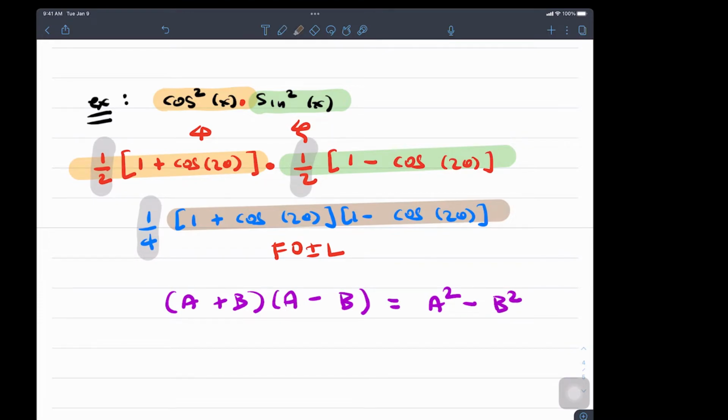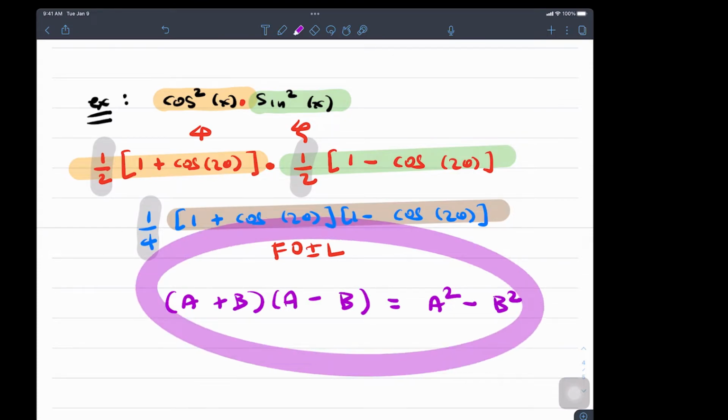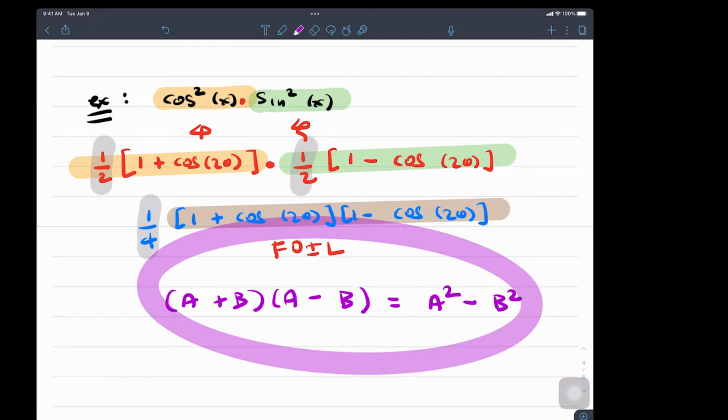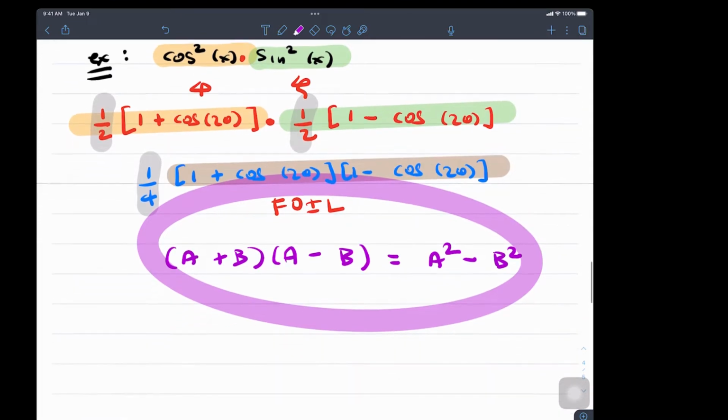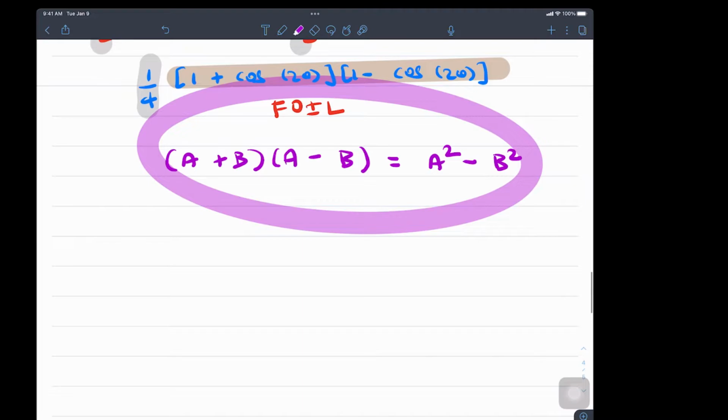This is going back to that beginning algebra here. Easy breezy lemon squeezy. You guys know what I'm saying? This formula. So we're going to have to apply this formula now. So you get now what? 1/4.